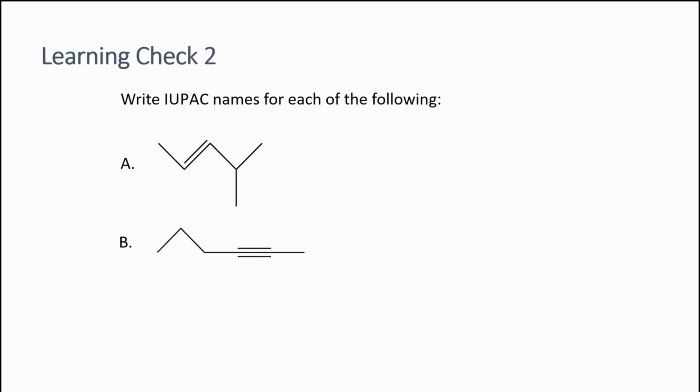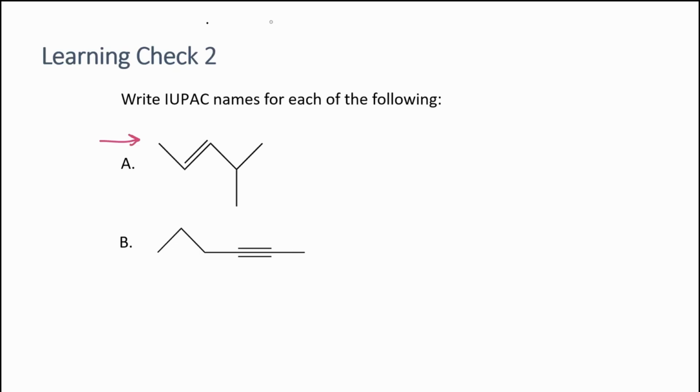Okay, now let's try to do structure A. I'm going to show you how to determine the IUPAC name for structure A. Now, when you have this type of question, first of all, you need to check what is the longest carbon chain.